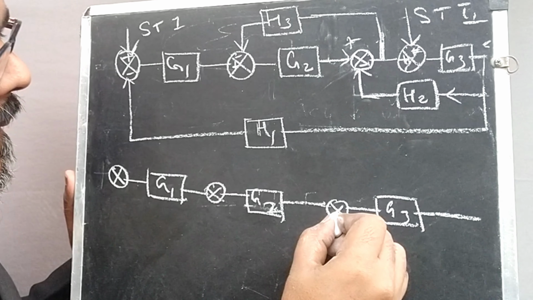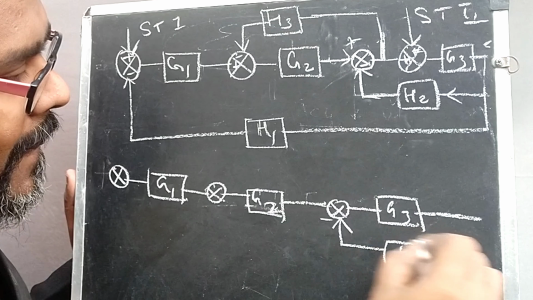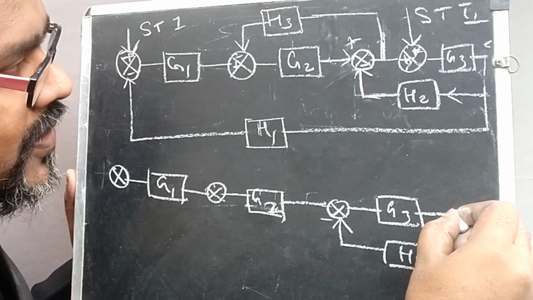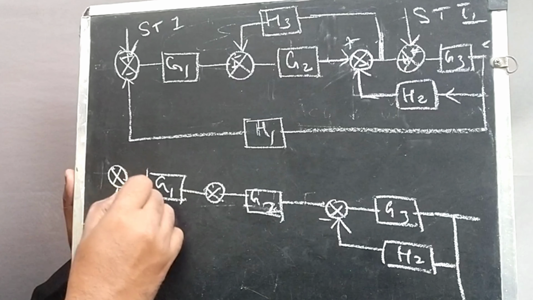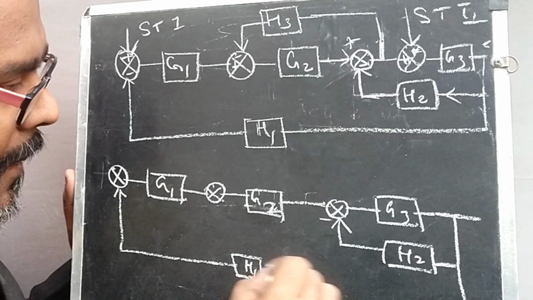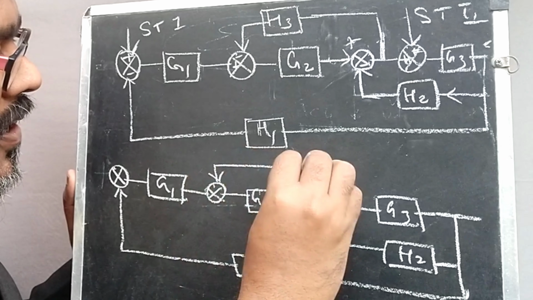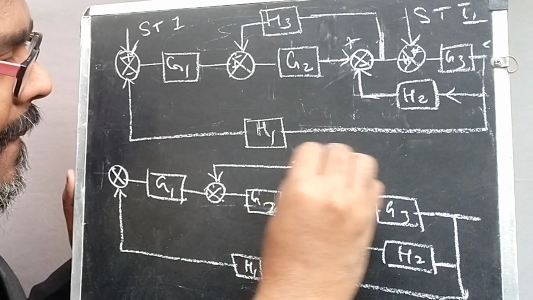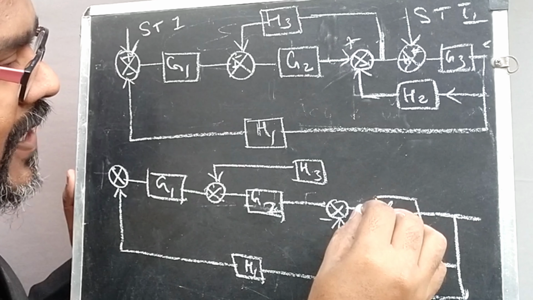And then minus, this particular thing is H2, and this goes straight to this particular point, and here this is coming to the H1, I think so, yes, H1, and then this particular summing point is crossed over H3, and here it is coming in this direction.